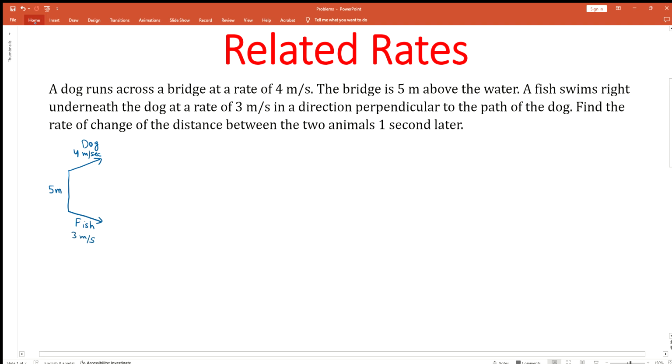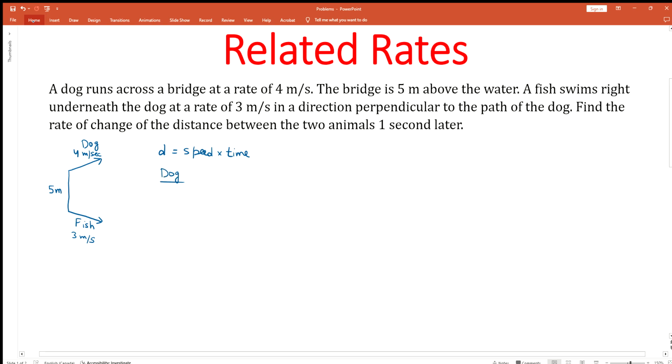We have to find the distance between these two animals 1 second later. For that, we have to use variable t for time in seconds. We should find the distance these two animals move in t seconds. For that, we have to use the formula for distance. The formula for distance is speed times time. Let's start with the dog.